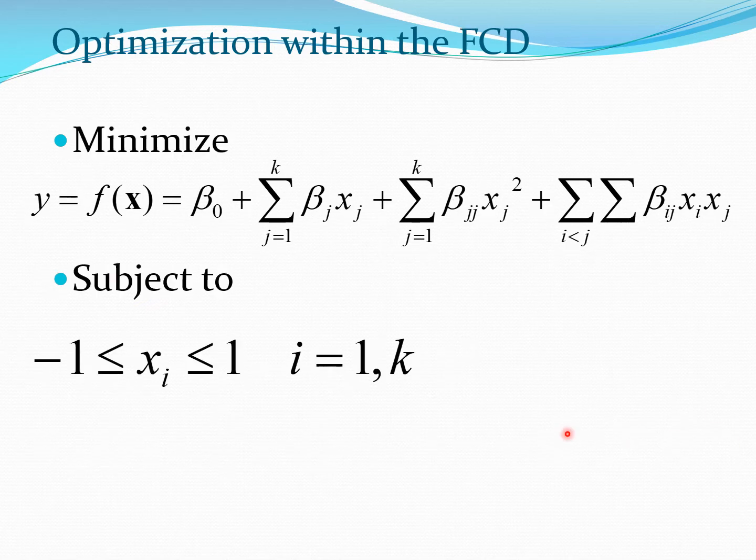Now if you are dealing with the FCD, your move limits get simpler. So essentially that is one of the advantages of the FCD, that you again minimize the second order response surface with all the different regression coefficients which have been found by the curve fit, and now you subject it to essentially a square or a box within which this particular response surface is valid.